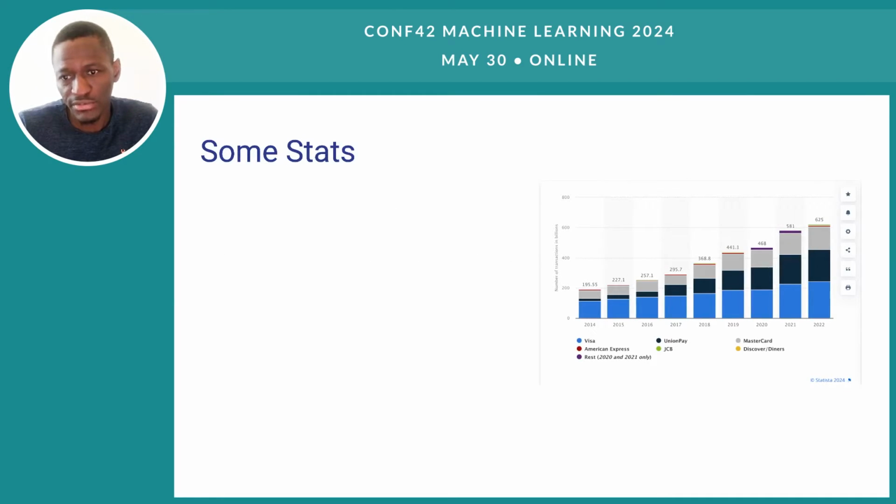All right. Before we go into the payment lifecycle, I thought to share some stats to let you know why it is important to know what happens with card payment specifically. As at 2022, and this number has increased drastically, but I couldn't get more recent stats, there were over 600 billion transactions per annum from card payments.